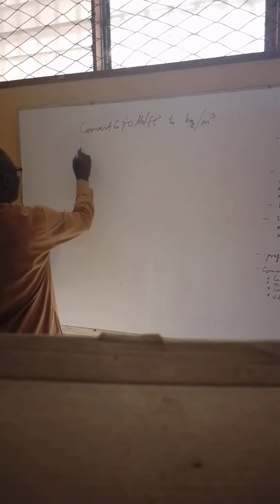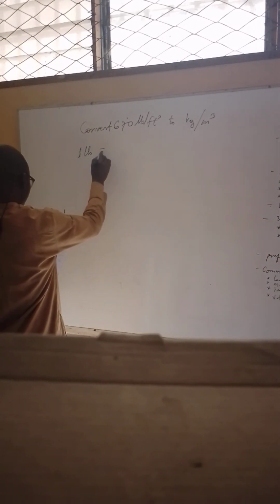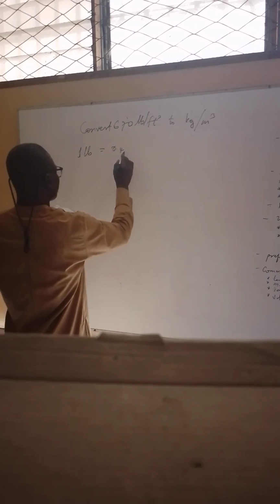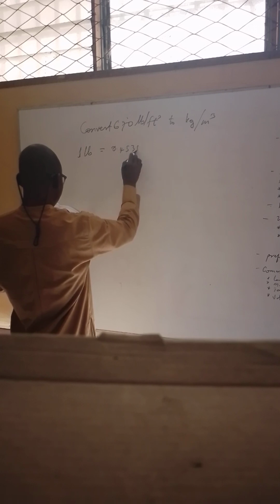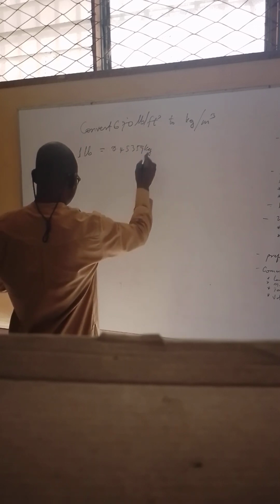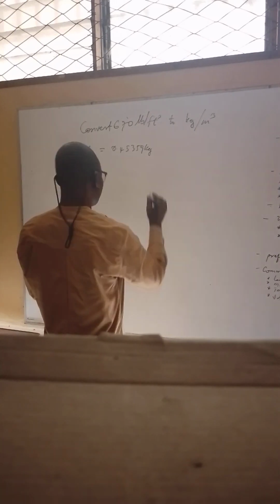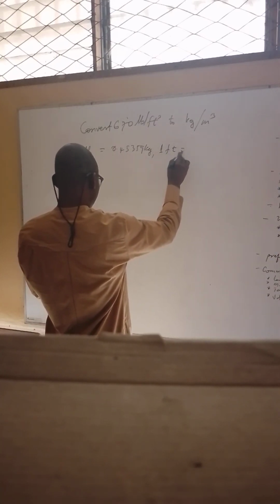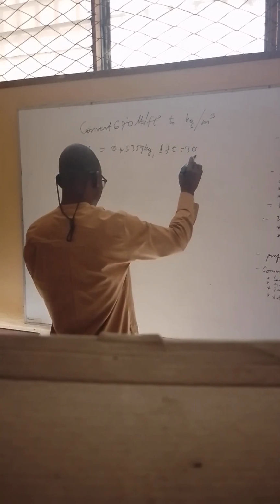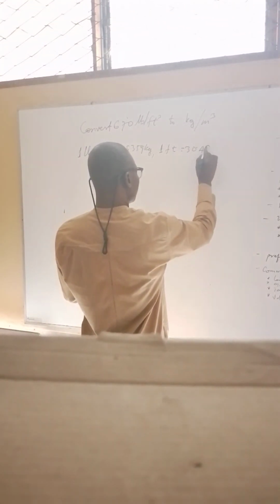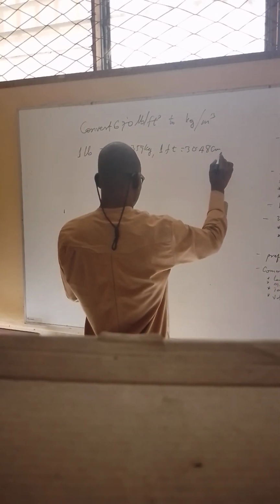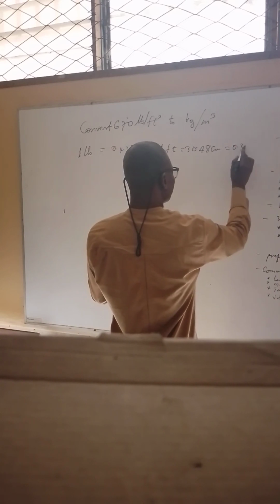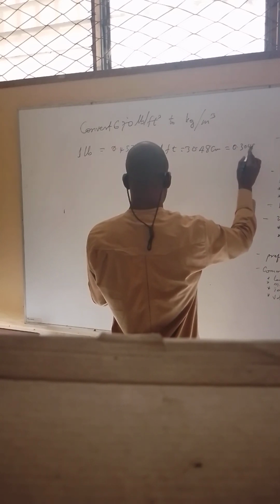We have that 1 pound is equal to 0.45359 kilograms, and 1 foot is equal to 30.48 centimeters, which is equal to 0.3048 meters.